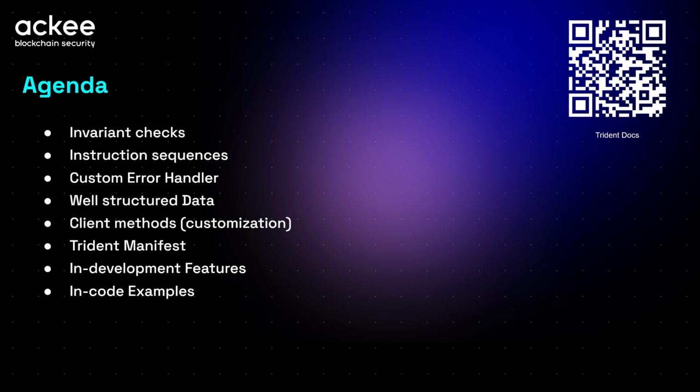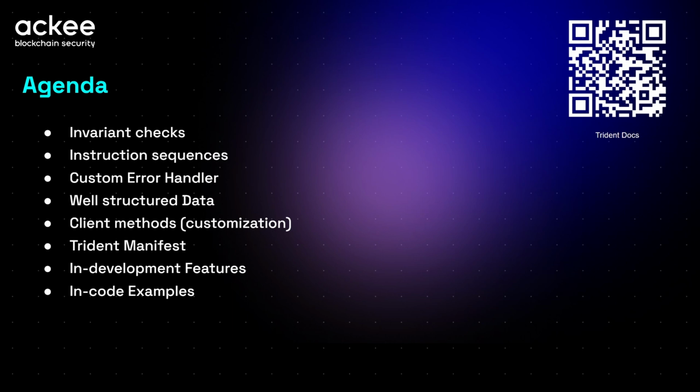So before actually fuzzing, you can, for example, add custom accounts to the fuzzing environment, such as configs and so on. Then we will talk briefly about the Trident Manifest, whose features I think are great to turn on or modify within the Trident TOML file.